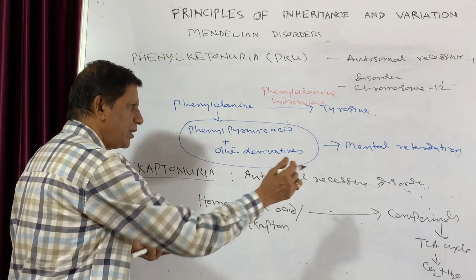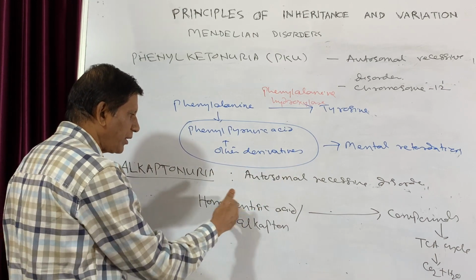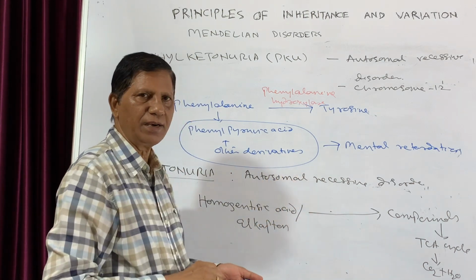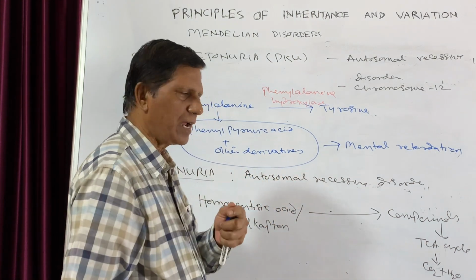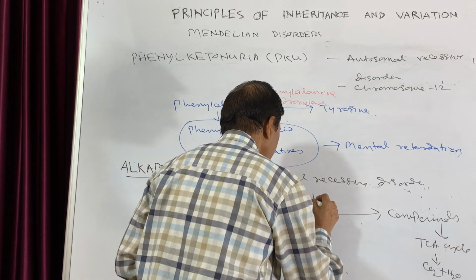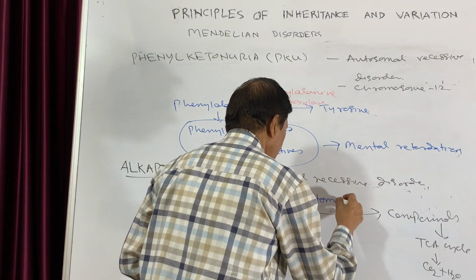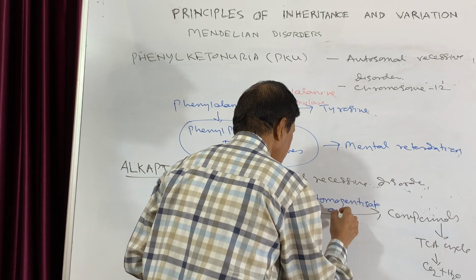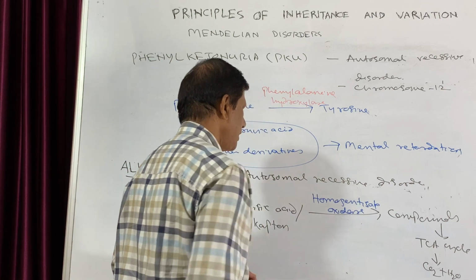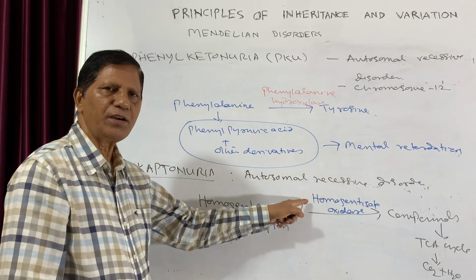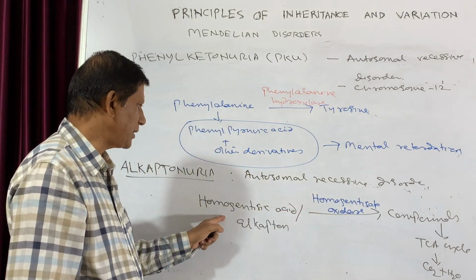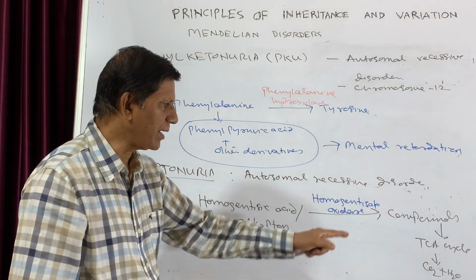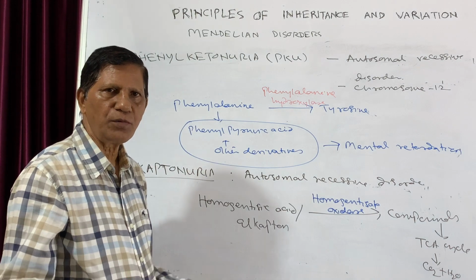Now this conversion of alkapton or homogentisic acid to the different compounds which enter into the Krebs cycle is done by one enzyme, that is homogentisic oxidase. Now, if this enzyme cannot be synthesized, then homogentisic acid or alkapton cannot be converted to compounds which will enter into the Krebs cycle and finally break down. As a result, what will happen?